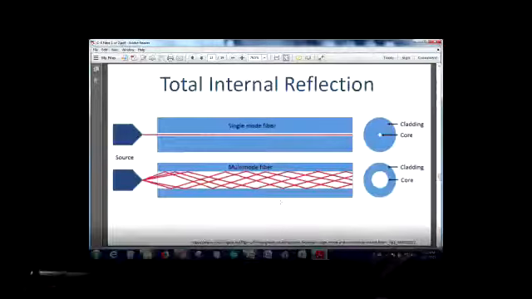Now, when you inject the light into the multi-mode, we can't have frequencies as high as in the single mode, because the light is going to be dispersed. It's going to be kind of muddy, not as sharp.